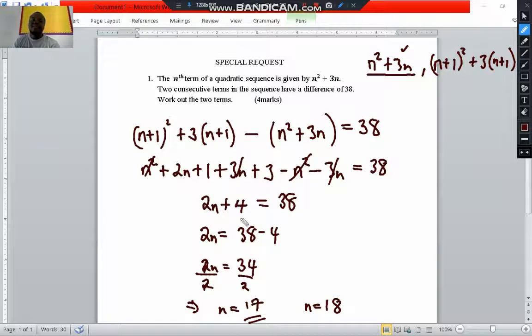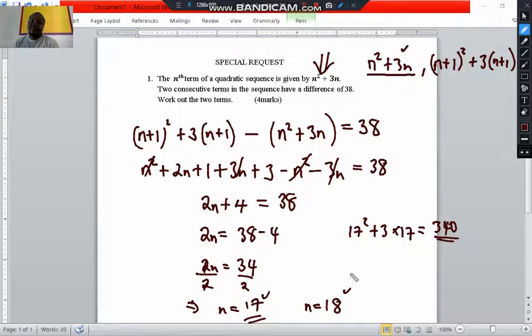We found the positions, and the question says find the two terms. So finding the two terms implies that we substitute 17 and 18 in the formula that is given. We put 17 where there is n: 17 squared plus 3 times 17, which gives us 340.